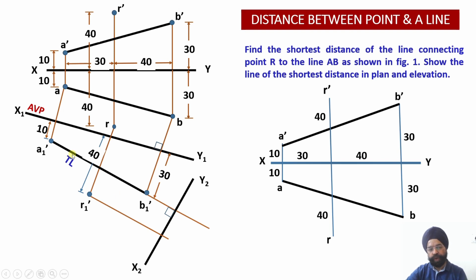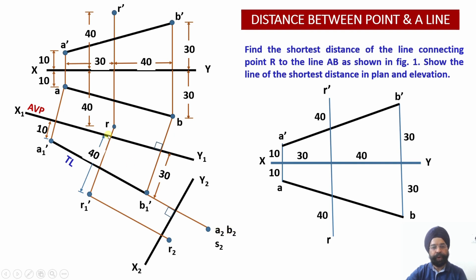Onto this locus line, this distance we have already measured, and we are going to transfer this distance onto the locus line of A1 dash and B1 dash. So both the projections of point A and point B are going to converge over there, right?